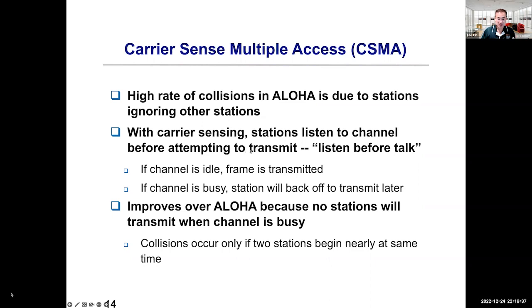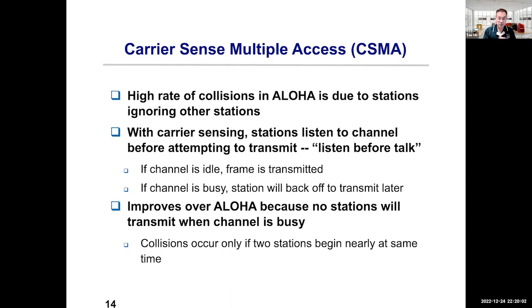So with carrier sensing, a station listens to the channel before attempting to transmit. This is basically listen before talk. If the channel is idle, then the frame is transmitted. If it's busy, the station will back off, it will not send, it will try again a little bit later, okay?